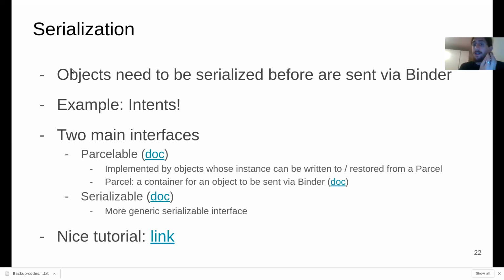Once you send an object to another activity, maybe through an intent, what happens under the hood is that this object needs to be serialized before it is sent via binder, okay? So once we build an intent, we put something in and we want to send it, what's going on under the hood is exactly what I'm saying now. First of all, you take this intent and you serialize it. Now you have a string of bytes.